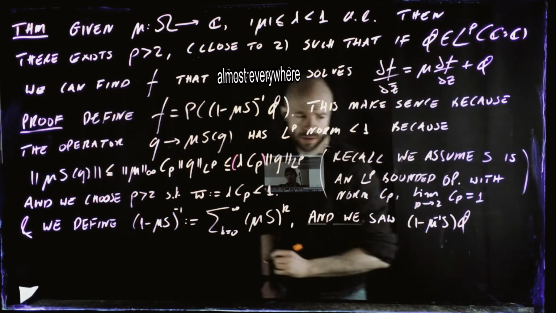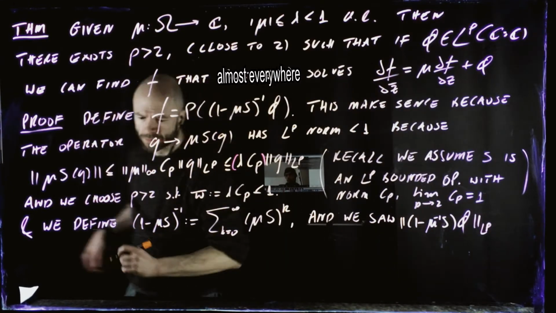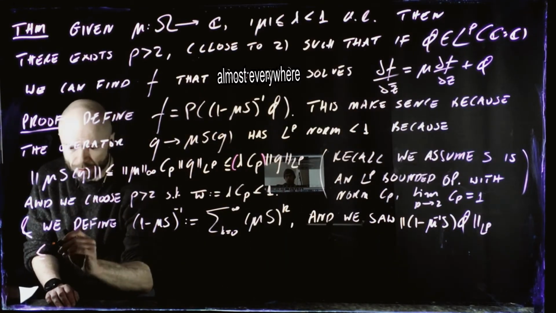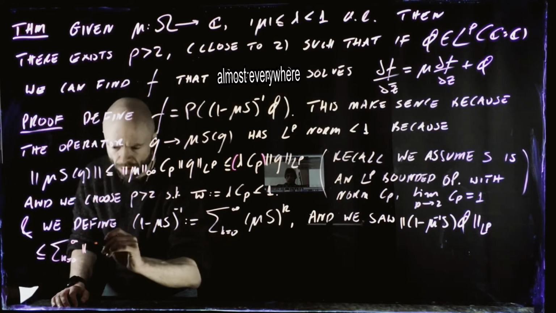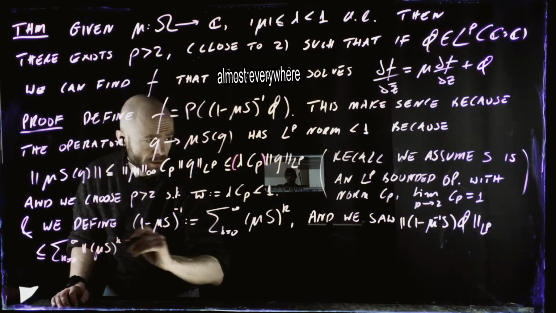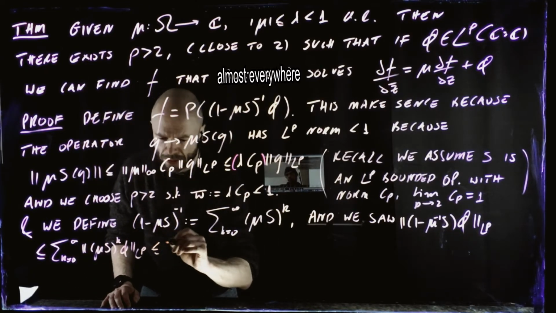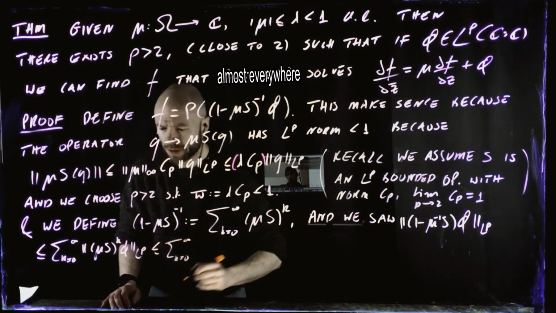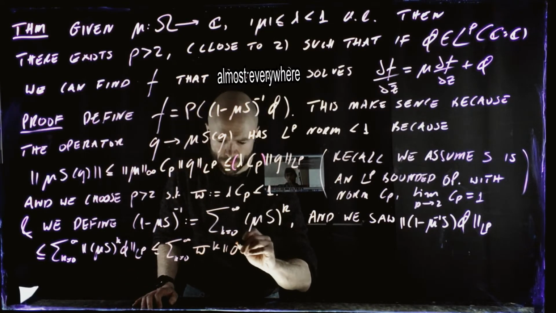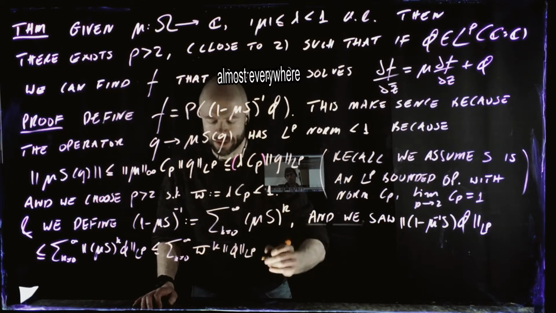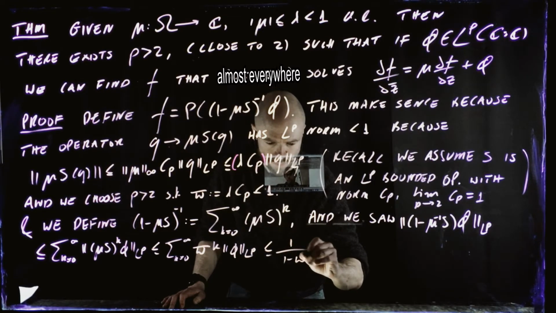So this thing, let's put the L^p norms around this, is less than or equal to the sum k equals 0 to infinity of the L^p norm of this thing applied to phi, which is less than the sum k equals 0 to infinity of omega to the power k times the L^p norm of phi, and this is a finite sum, so this is, well, we know what it is because we do calculus, so it's this.